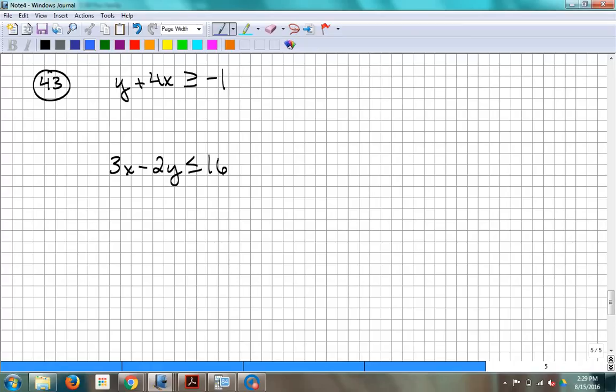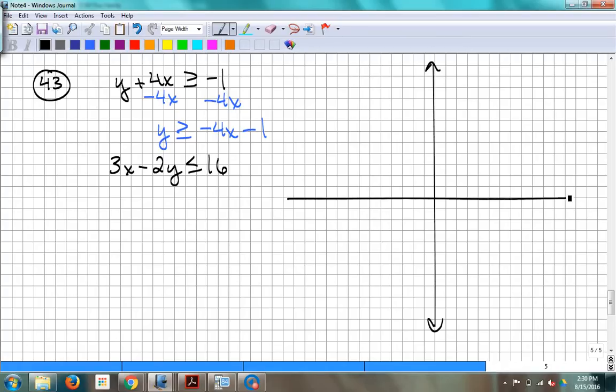Okay. Going to subtract 4x: y is greater than or equal to -4x minus 1. That's got y by itself. It's ready to graph. Okay. I'm just going to go over here and get my coordinate plane drawn. Get ready to graph that thing. All right.